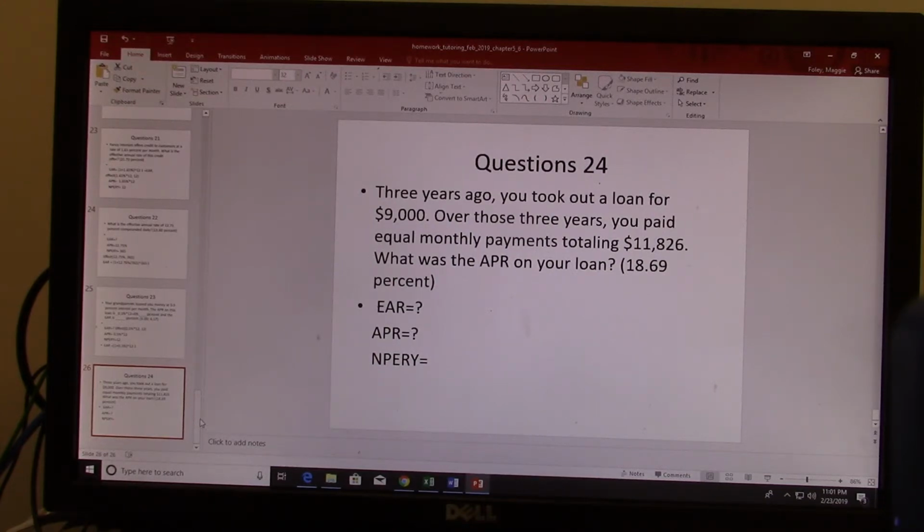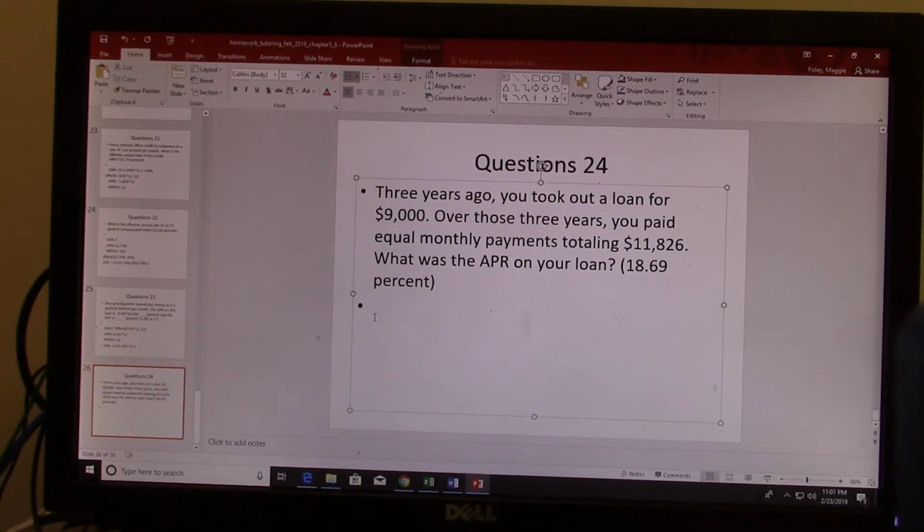Nothing else is given here, so we should just do what we have done before. How much is the rate? We don't know. How much is N? This is 3 years, so 3 multiplied by 12, 36 months.